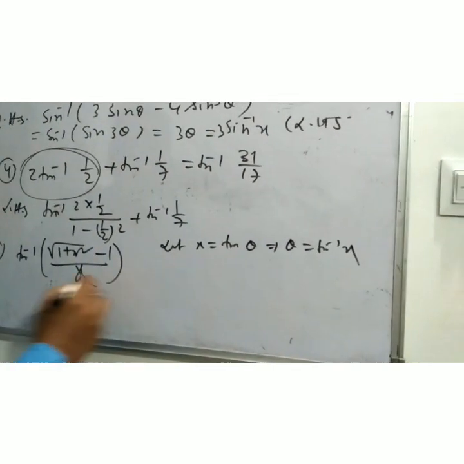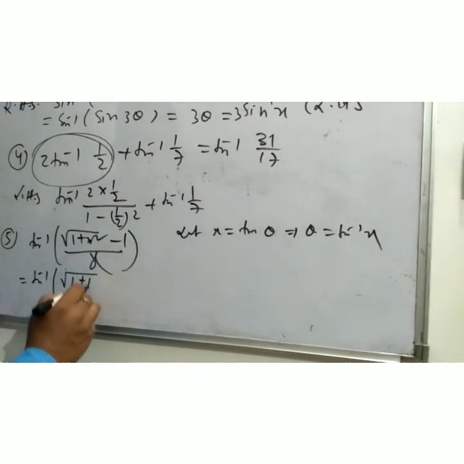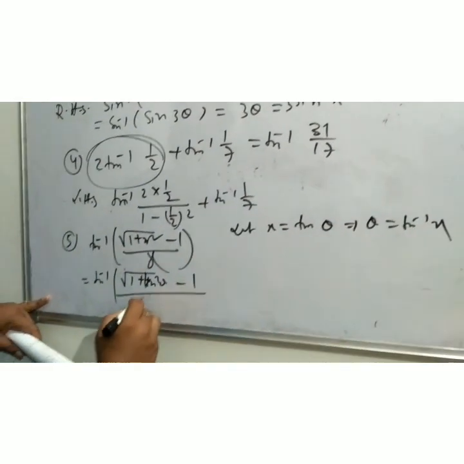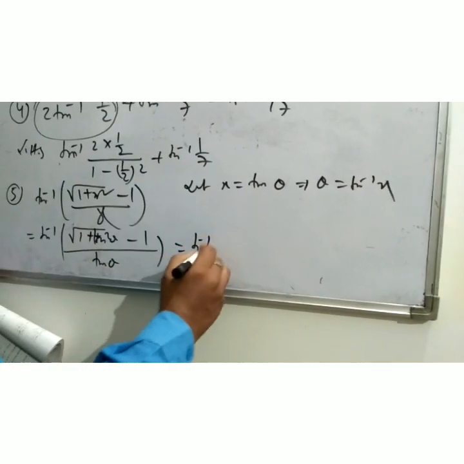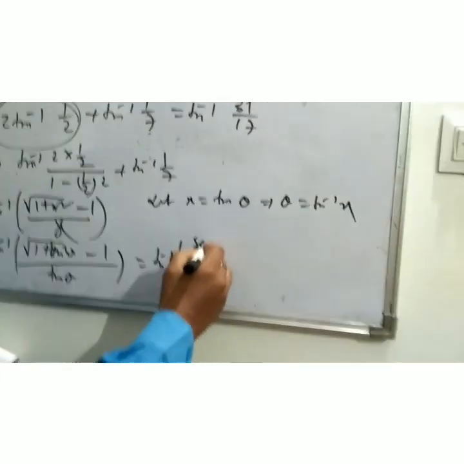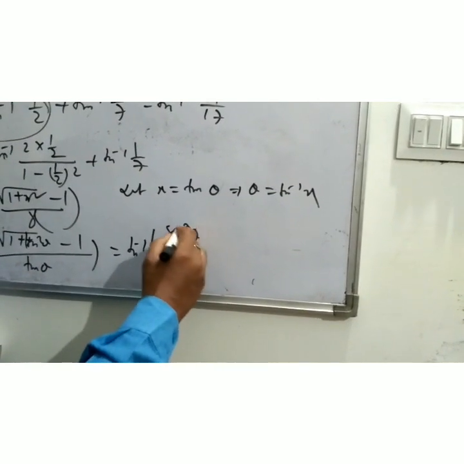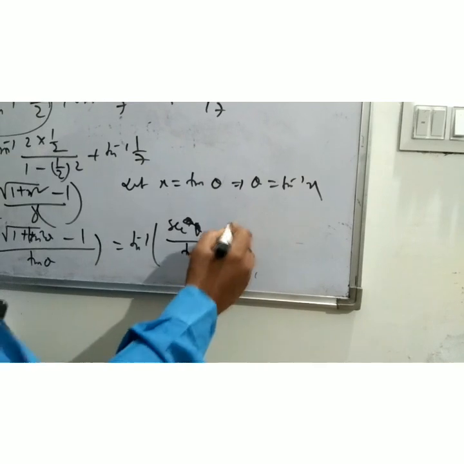So in this case, what will you get? That is equal to tan inverse of (root over 1 plus tan square theta minus 1) by tan theta. Then 1 plus tan square theta is sec square theta, so the root is simply sec theta, minus 1, by tan theta.